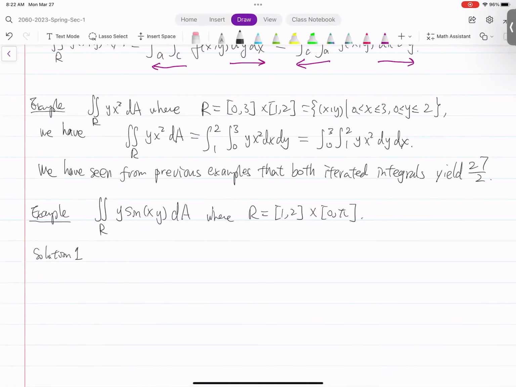So let's say we do x first and then y. So of course, this double integral can be rewritten as, if you're doing x first, then y goes on the outside from 0 to pi, from 1 to 2, y sine of xy next to it.